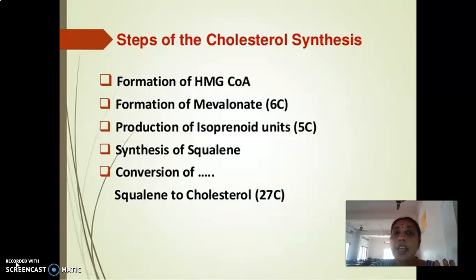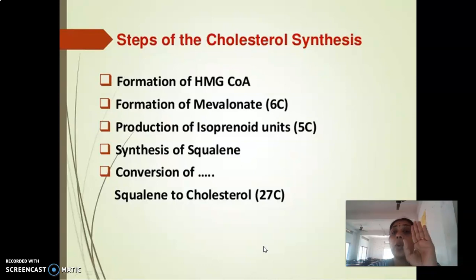So geranyl pyrophosphate is a 10 carbon compound, and this 10 carbon compound adds one more molecule of 5 carbon compound. 10 plus 5 gives 15. So 10 carbon geranyl pyrophosphate adds one more molecule of the 5 carbon compound IPP, isopentenyl pyrophosphate, to give rise to 15 carbon farnesyl pyrophosphate, that is FPP.